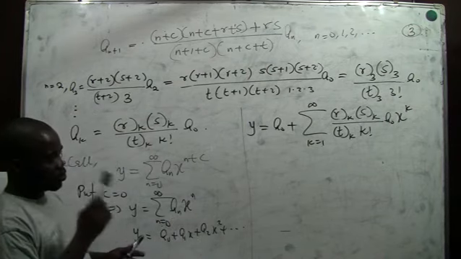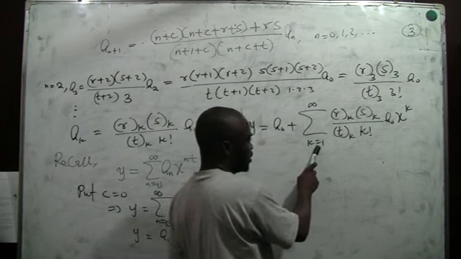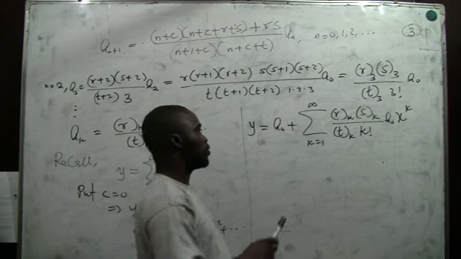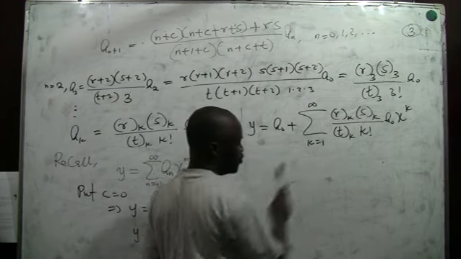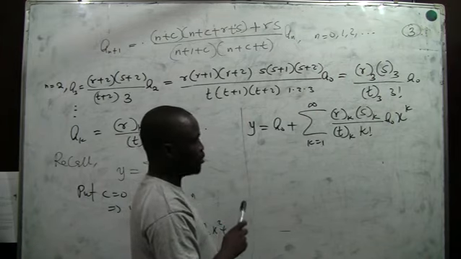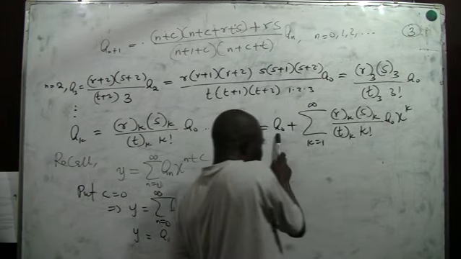Now, the next question we need to ask ourselves is, is it possible to start this counting from 0? If yes, we'll be able to put a0 together into what we have here. Now, how do we know that? We try to substitute k equals 0 into this, then obtain a0.